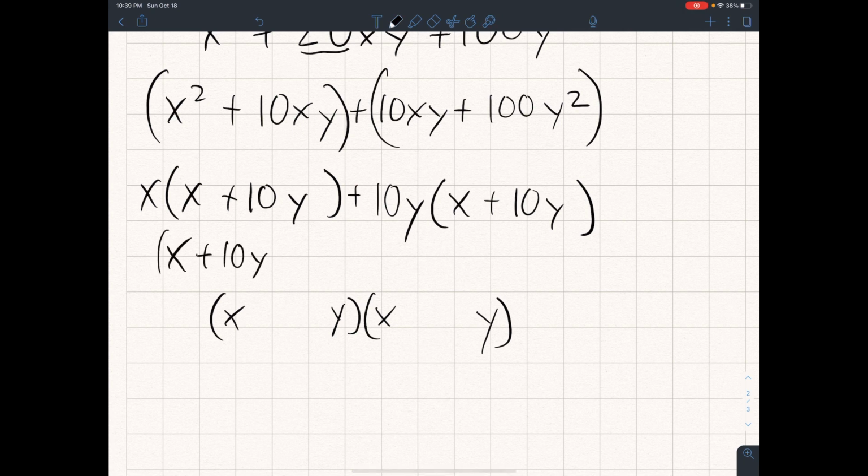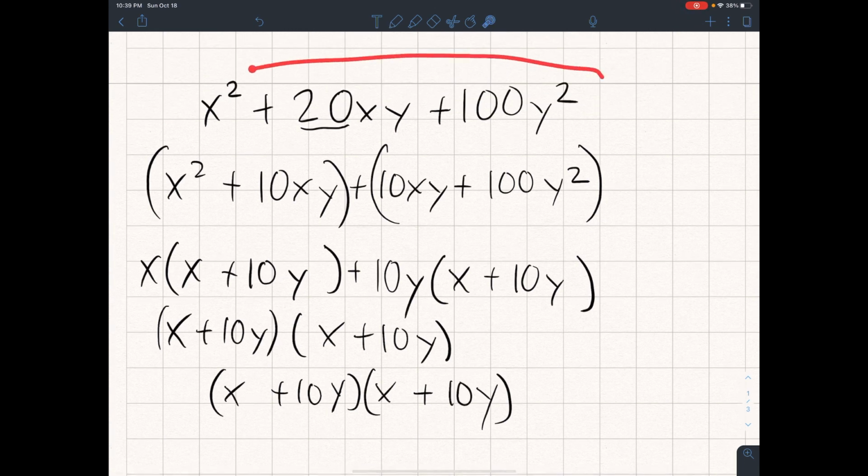The whole parentheses there is the greatest common factor, and I'm left with x plus 10y. And great. Now it makes total sense why I should have x plus 10y and x plus 10y. If I FOIL these out, I will definitely, most definitely, get back my original equation.